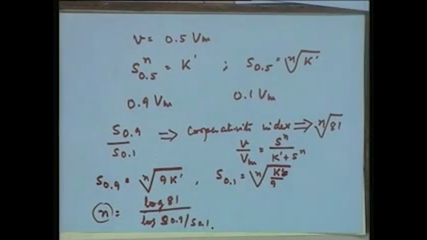Therefore n is the number of binding sites, and if one can determine the value of the S0.9 and S0.1 ratio, one can determine the number of binding sites. Theoretically n should be an integer, such as 1, 2, 3, 4, 5, but practically you will never get an integer value; you will get a fraction, say 3.4 or 3.6.